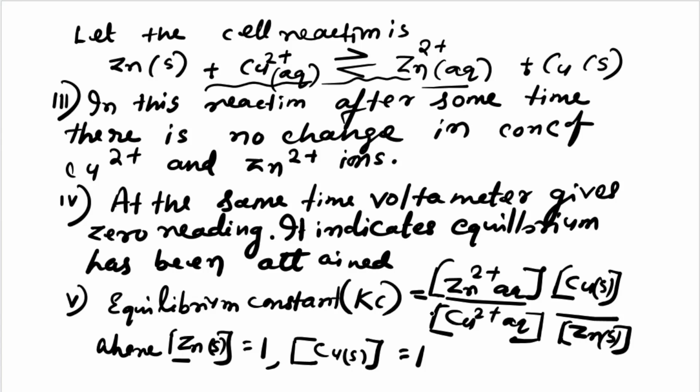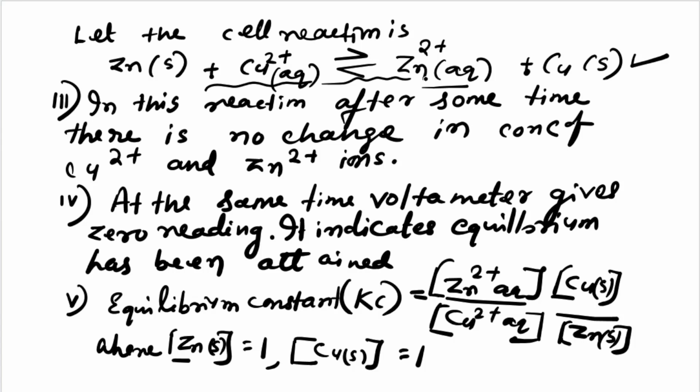Equilibrium constant: again look at this reaction. According to the equilibrium chapter, this is the product side and this is the reactant side.